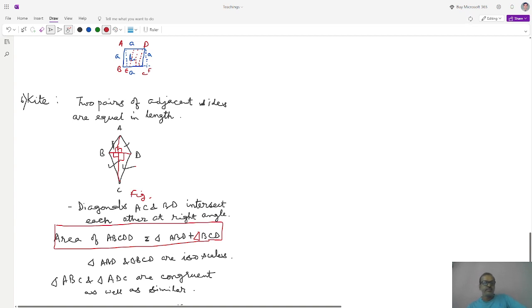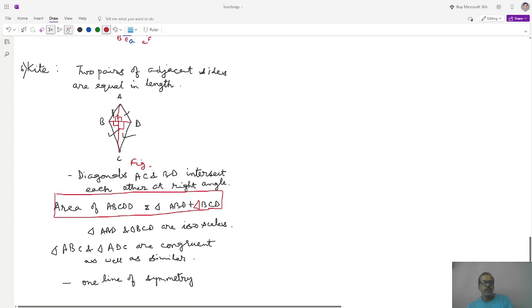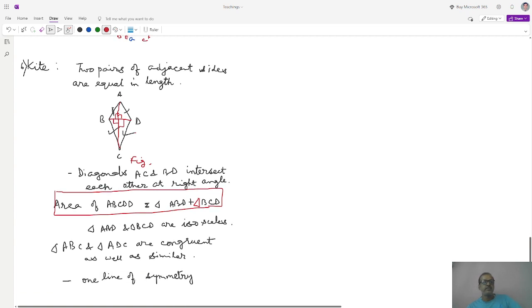And we also find a property of kite, that is, triangle ABC and triangle ADC are congruent as well as similar because their respective sides are equal and respective angles are also equal.